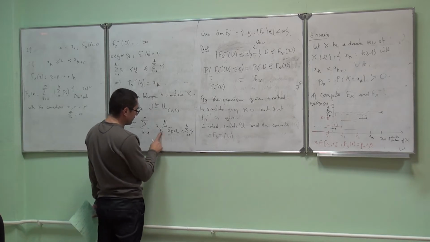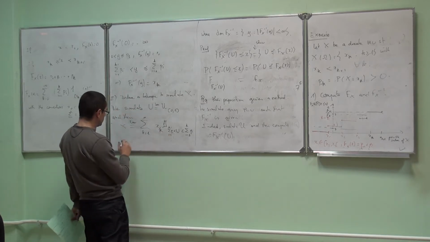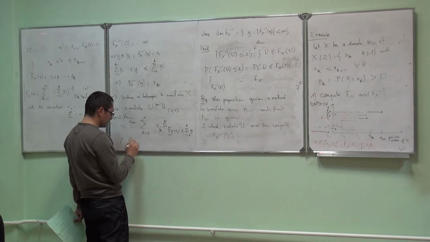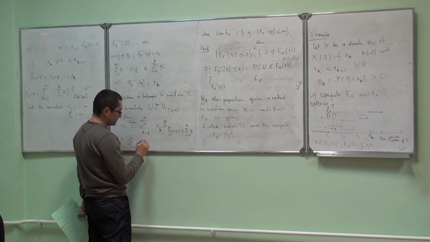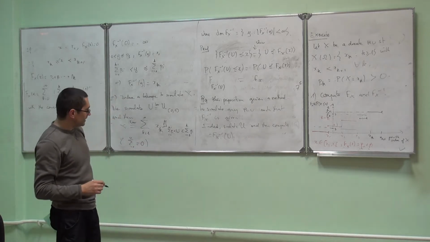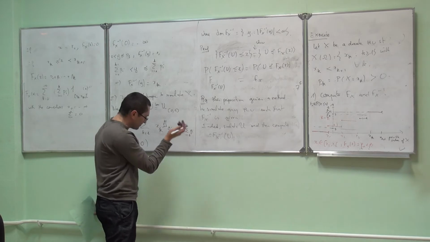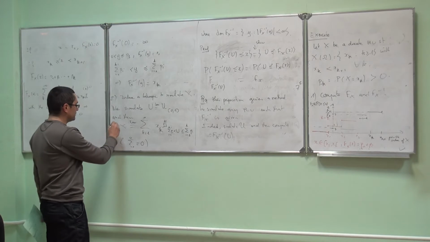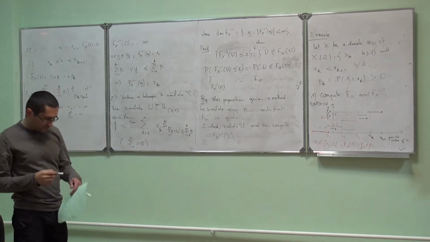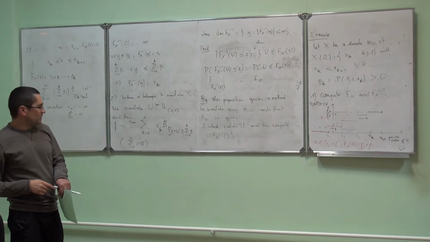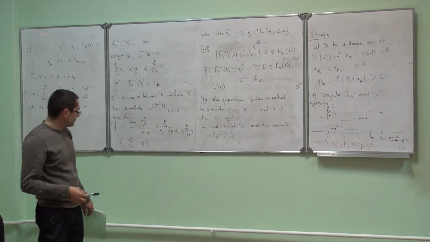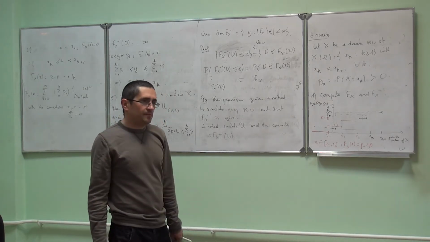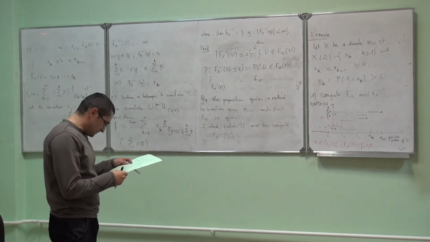Okay, and then for x_1, of course, by convention, the sum for i equals 1 to 0 equals 0. Right? So now it is very easy to simulate such a random variable, and we're going to have the opportunity to make some examples with Scilab.